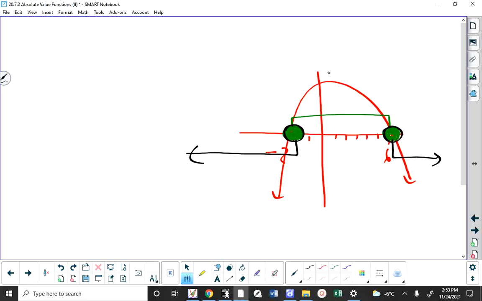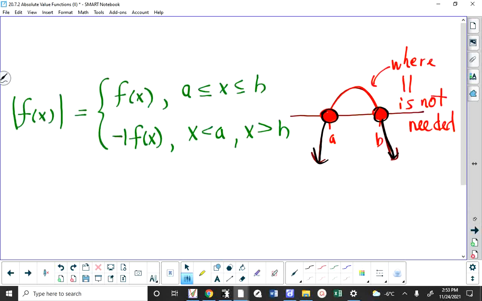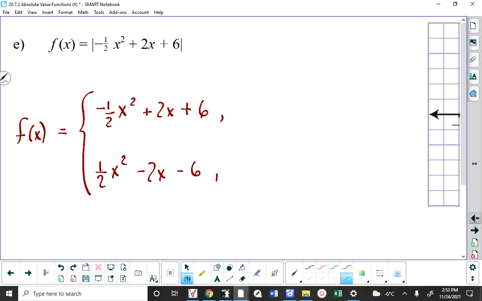You talk about where y is positive by telling me about x. So -2 to 6. We didn't need the absolute value signs there because that was above. And sometimes the part where you don't need it is the middle part of the parabola. Sometimes it's the two arms.